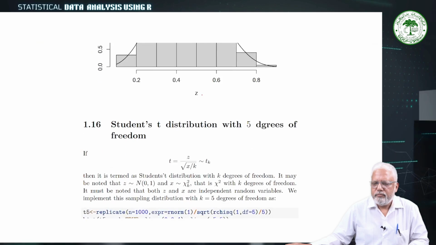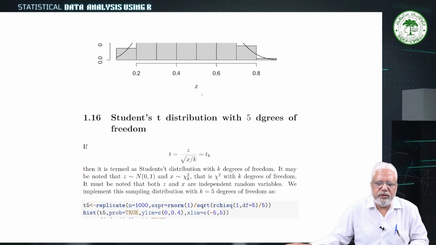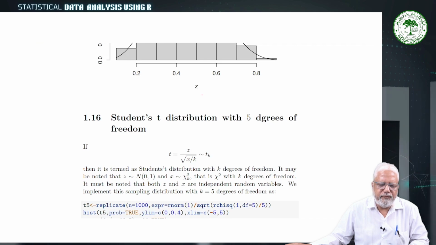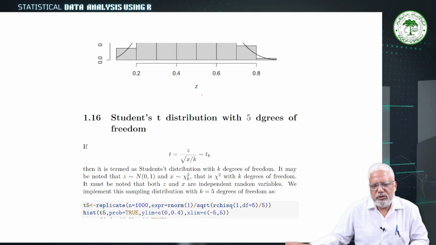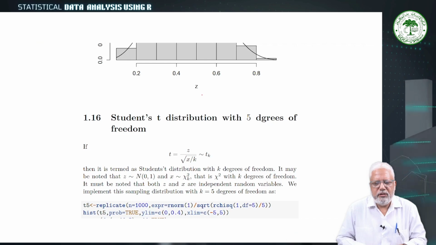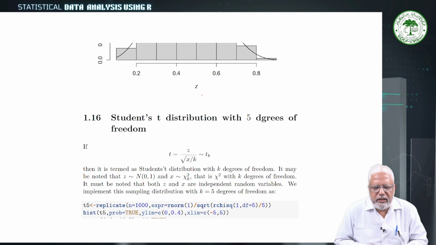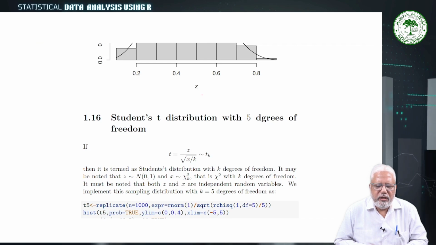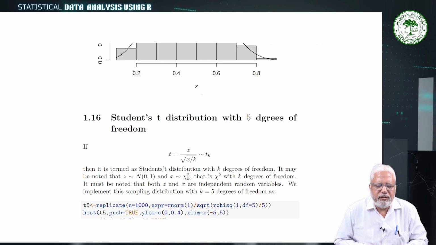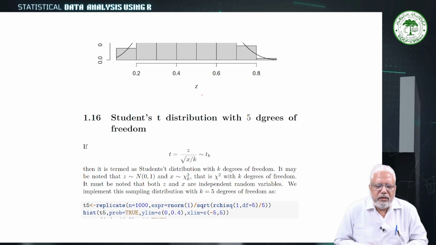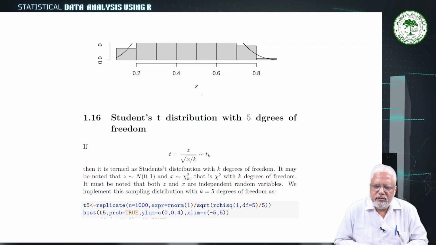Now I shall talk about student's T distribution with 5 degrees of freedom. See, student's contribution is very good. His original name was William Sealy Gosset, and he published his papers on the student T distribution in 1907 and 1908.